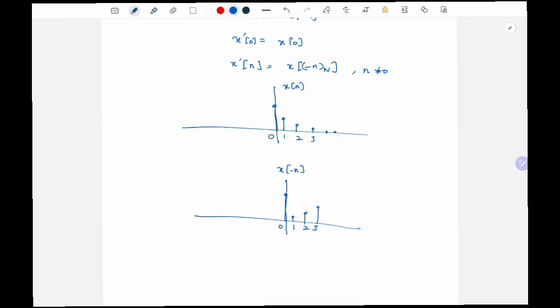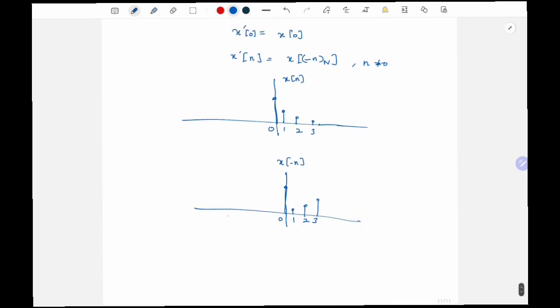If you have 0 paddings, then you will have those zeros here. Okay. And the other way to write this is x prime of n equal to x of n minus n. Because if your n is always going from 1 to n minus 1, you can write this. And at 0 anyway, this will be x of n, which is nothing but x of 0 itself.